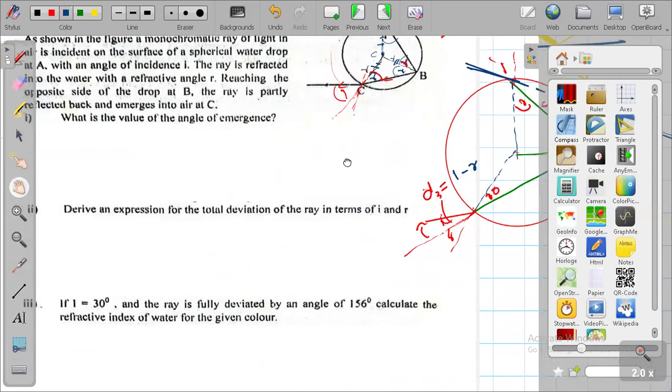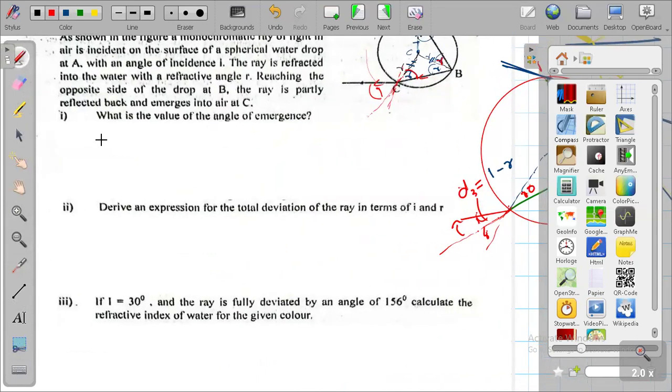Now let's see what the total deviation is. Total deviation equals D1 plus D2 plus D3, three different deviations.